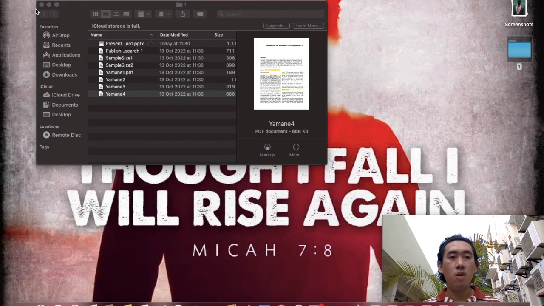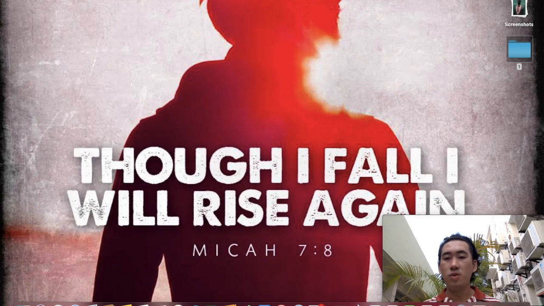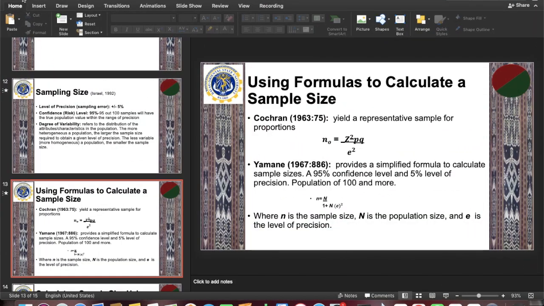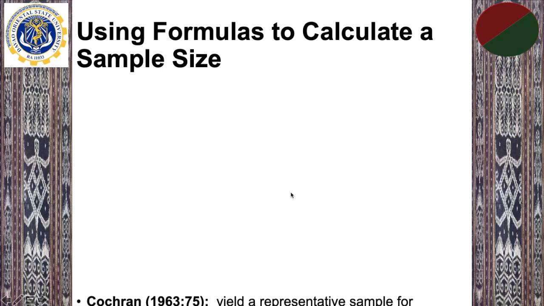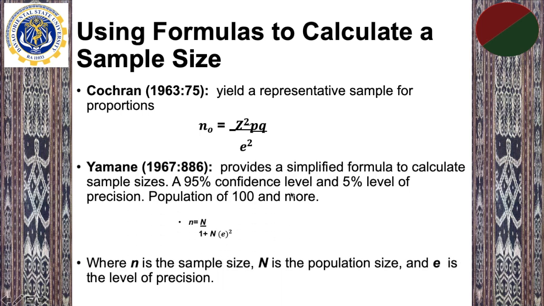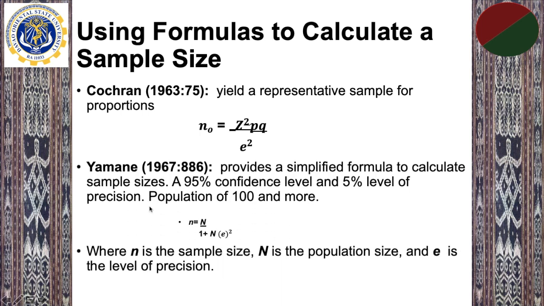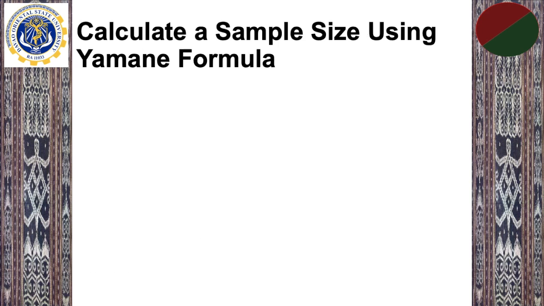Going back to our presentation, so that resolves it. Here's the formula now of Yamane, or Taro Yamane. Here, small n is the sample size, capital N is the population, and e is the level of precision, which we set at 5%, or in decimal, 0.05. So let's use the formula then.